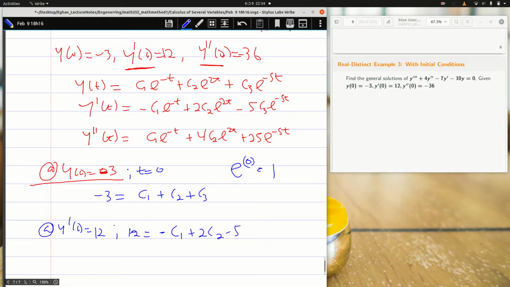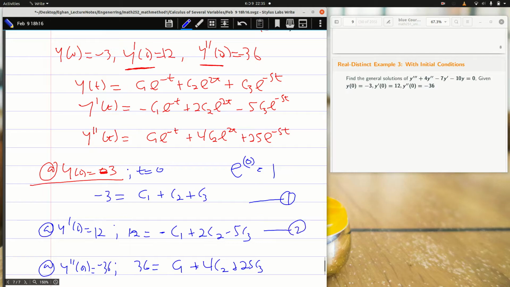And then the last part, y double prime of 0 equal to -36. I'm going to get -36 is equal to C1 plus 4C2 plus 25C3. So I have 3 equations to solve: equation 1, 2, and 3.